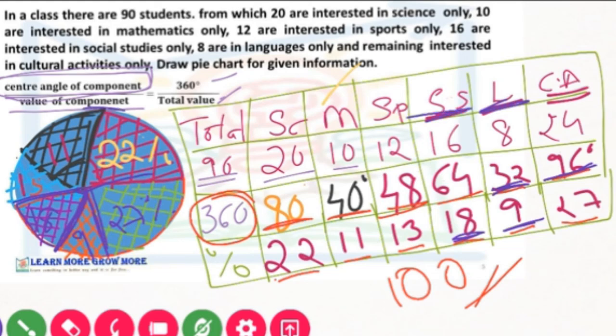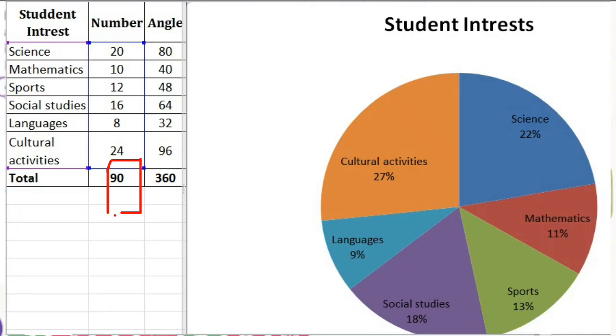This represents the pie chart of 90 students who are interested in various fields.